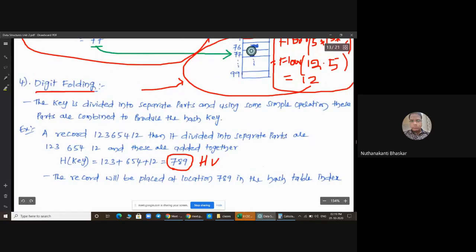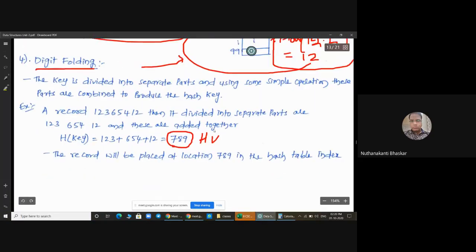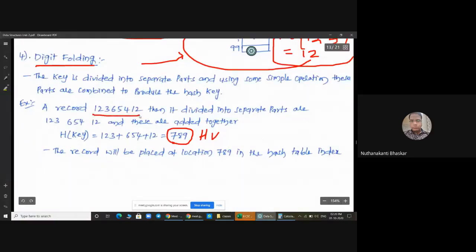For example, the key is divided into separate parts, and using some simple operation, these parts are combined to produce the hash key. Here this is the input data they want to store in the hash table. They have taken the numbers 1, 2, 3, 6, 5, 4, 12. Here 1, 2, 3 is considered one part, and this is another part.